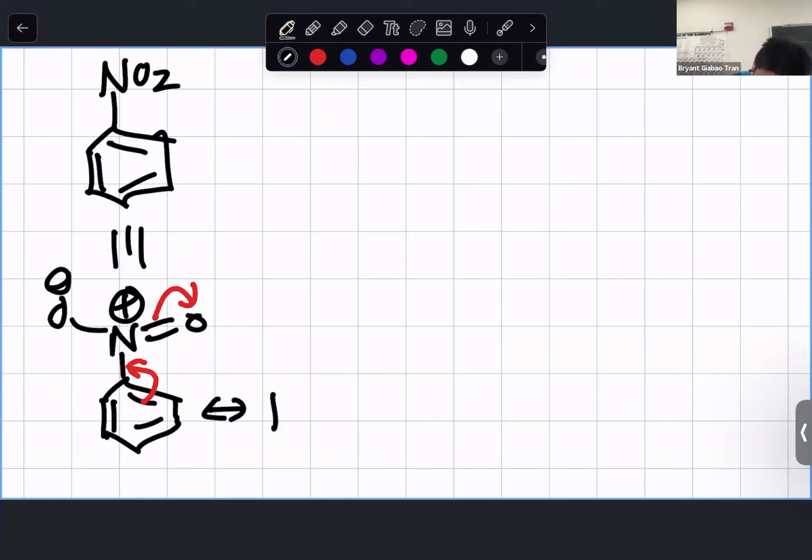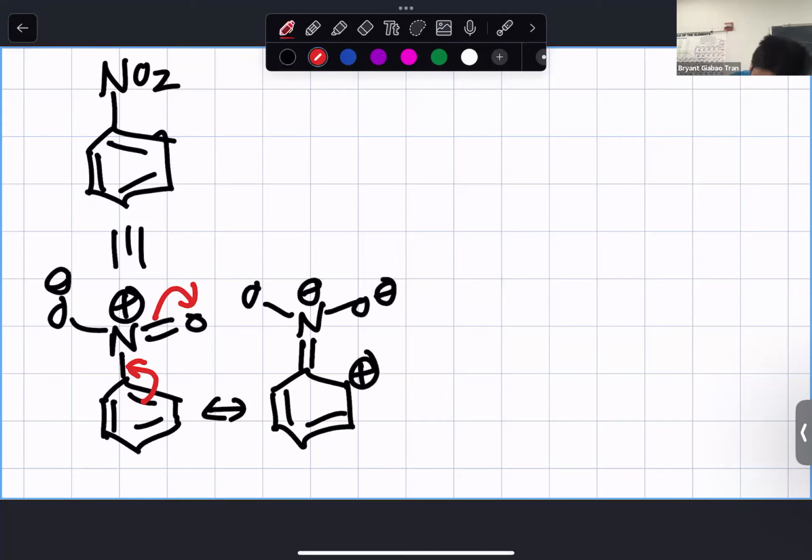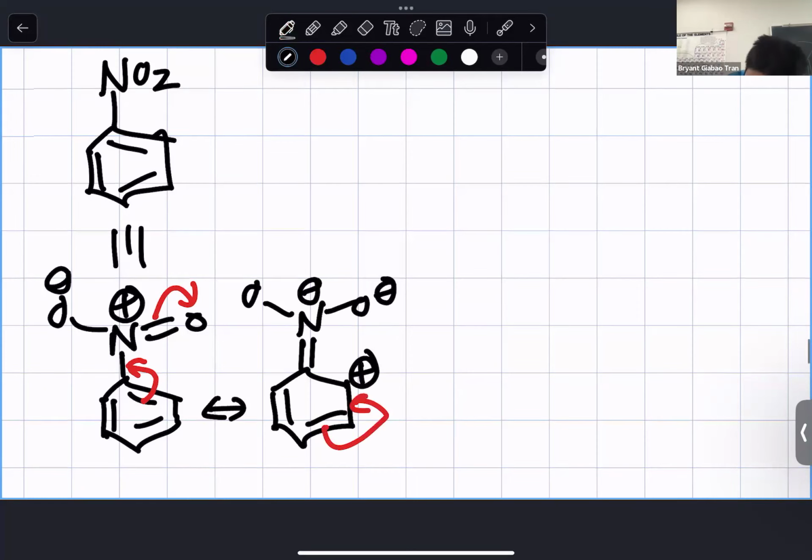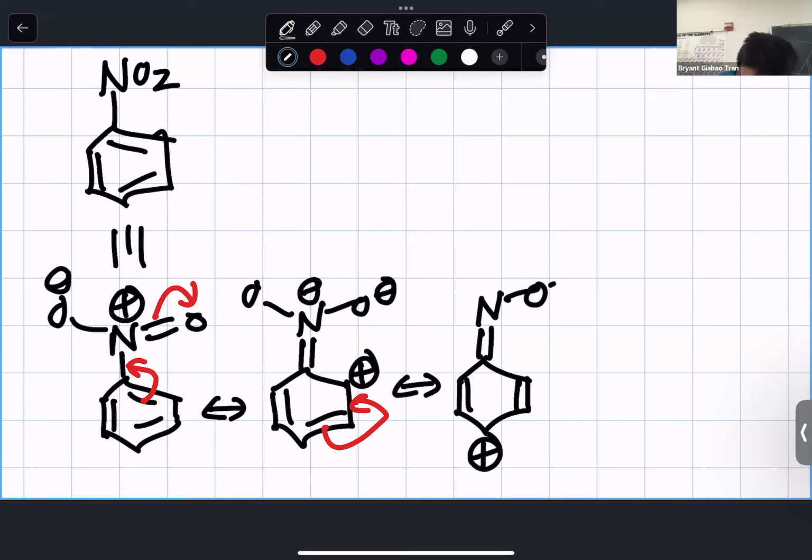So let me just draw in all the resonance structures. Positive charge on that carbon. Do that. Resonance, resonance. And last one.